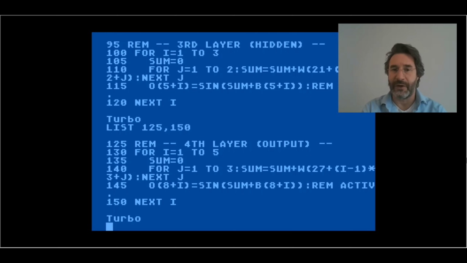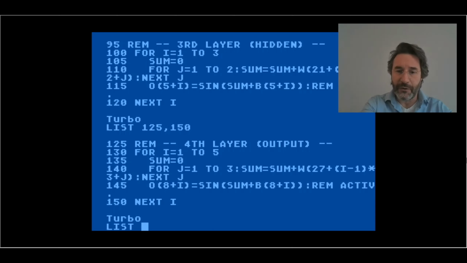In this particular case, this is the output layer, so the final layer of the autoencoder, and we have a for loop that goes from 1 to 5 because we have 5 neurons in the output layer. On lines 135 and 140 we are computing the discriminant of those neurons, and finally on line 145 we compute the output of every neuron that we have in the output layer.